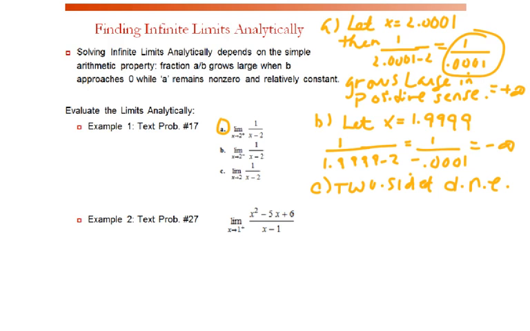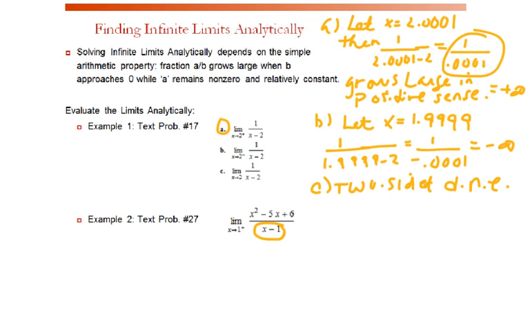The next one is a little interesting. We look at this and we go to substitution. If we were to substitute a number, you know, 1.0001, which we're coming in towards the right, you would get a positive number.